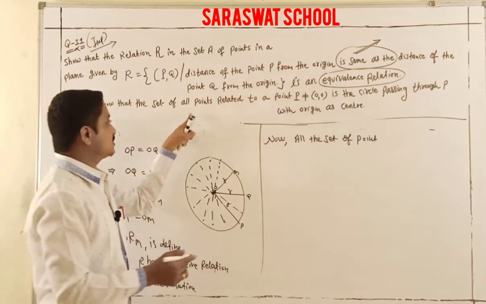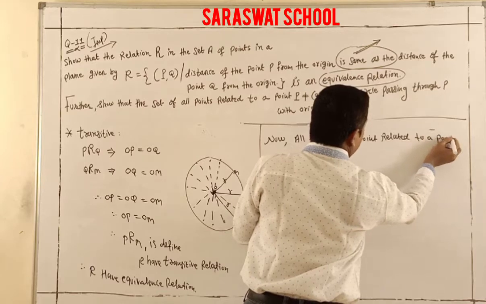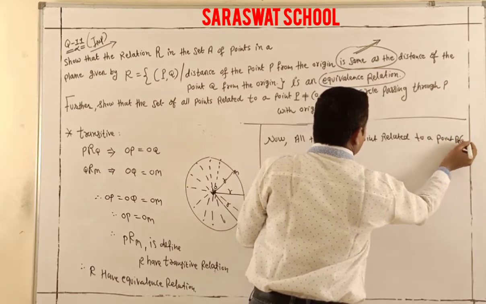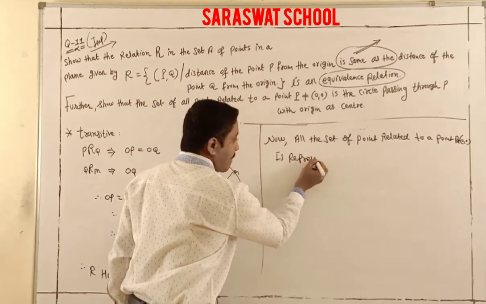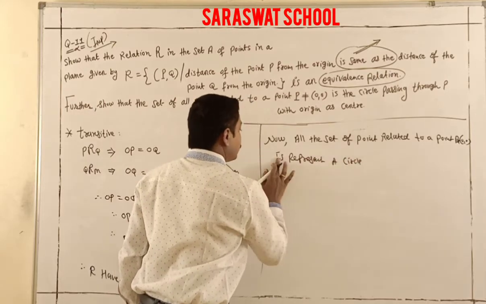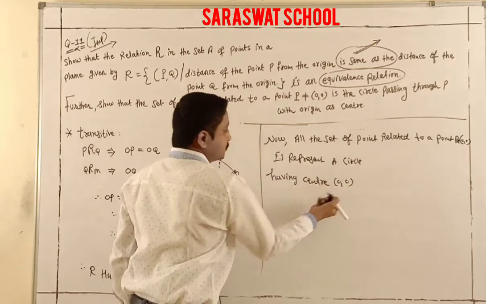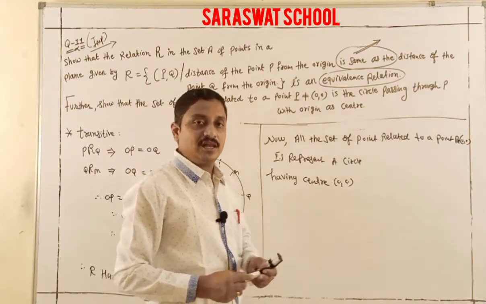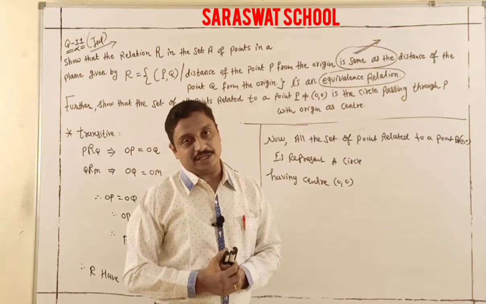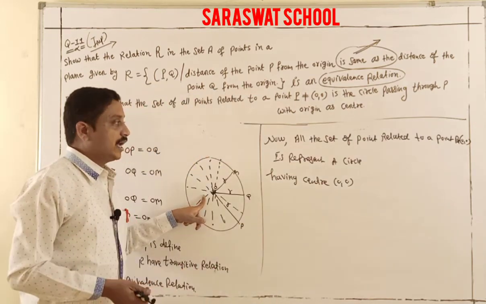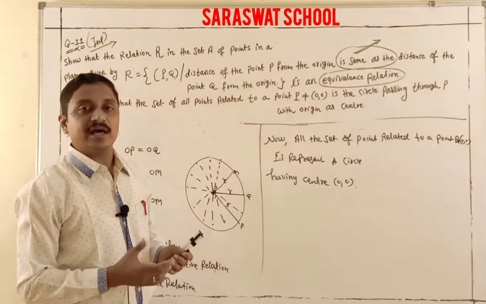So the set of all points related to a point P, but never (0, 0), represents a circle having center 0. Yes, students, what is the definition of a circle? The set of all points in a plane which are equidistant from a fixed point. This is a fixed point, and here I only write having center 0, and this numerical is very easy.